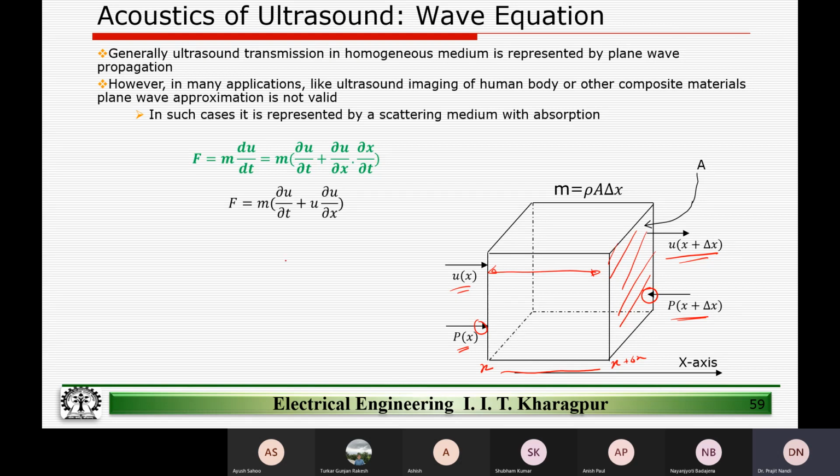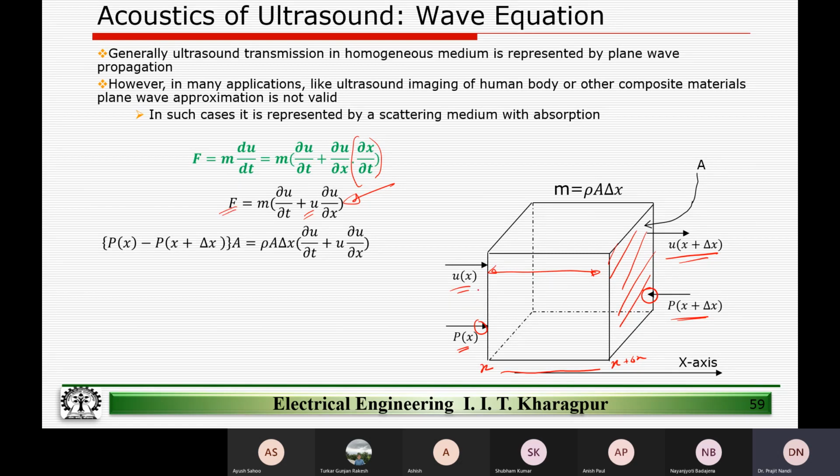And del x del t is again nothing but the velocity itself, which is u. So this is nothing but Newton's law from first principles, right? So nothing big here.